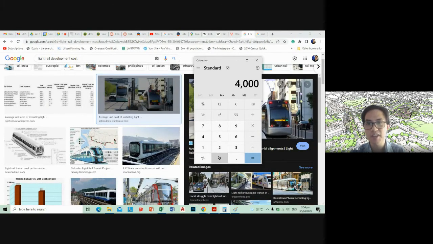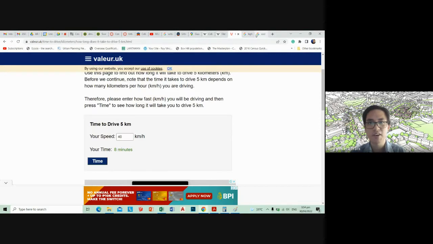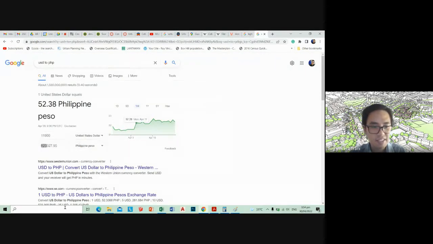So 400,000 people use the 4 kilometer light rail every day. You charge them 10, so that's 4 million per day. So hopefully it gets paid. Times 365 days in a year, that's about 1 billion. So you need to do our calculation, hopefully it pays off.